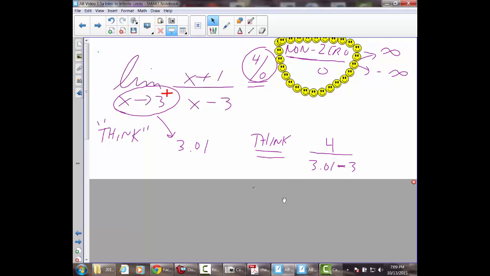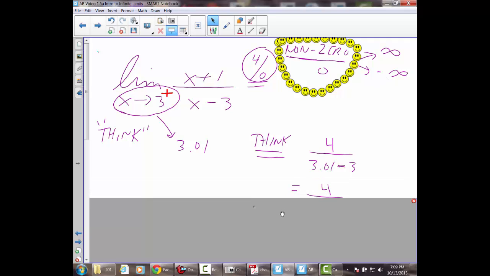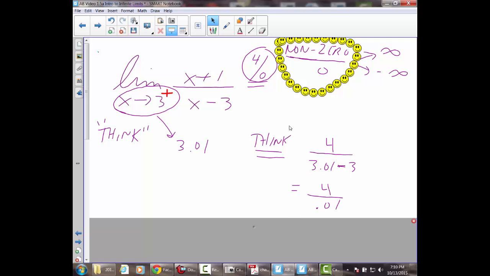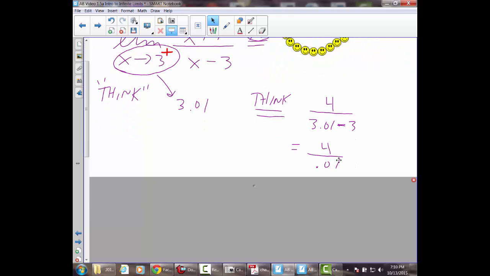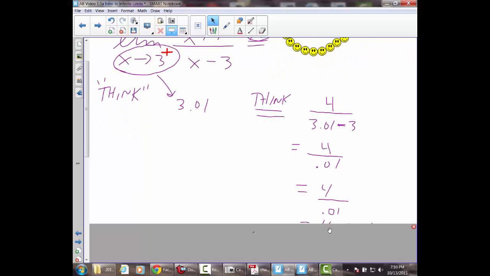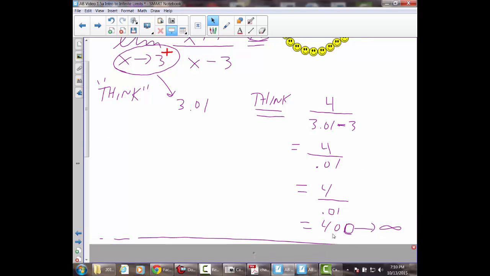And I'm at school. Anyways, the way I can convince you that this is either infinity or negative infinity is, do not substitute, but think of a number close to 3 from the right, like 3.01. Well, that would give 4 over 0.01, which is 4 over 1/100th, which is actually 400.